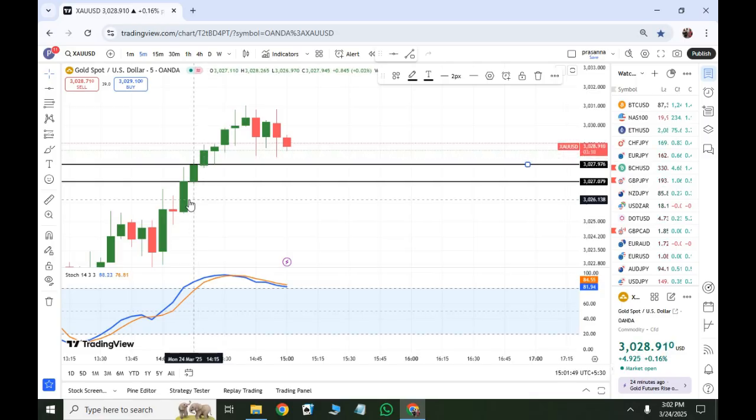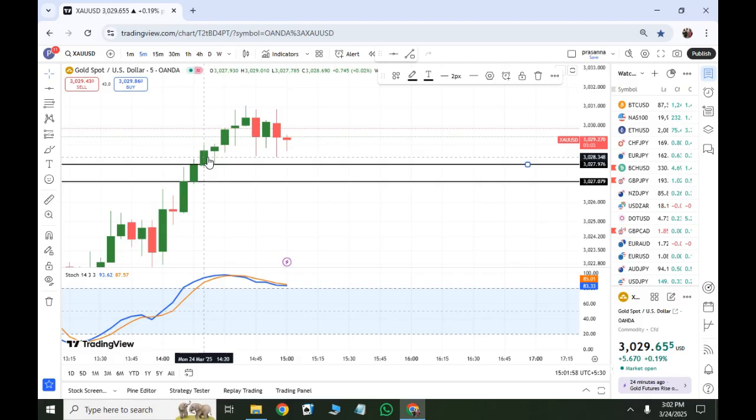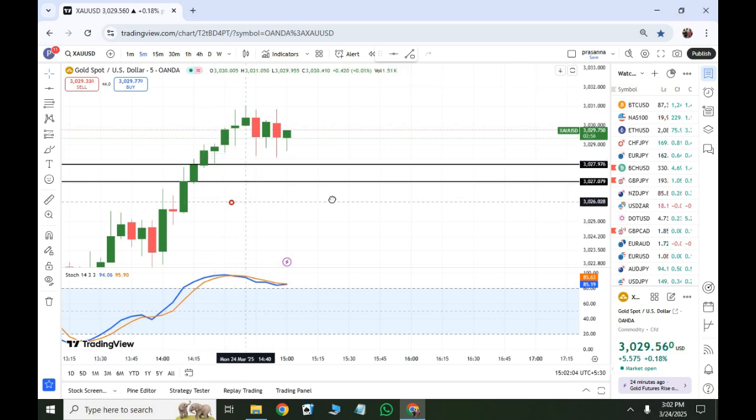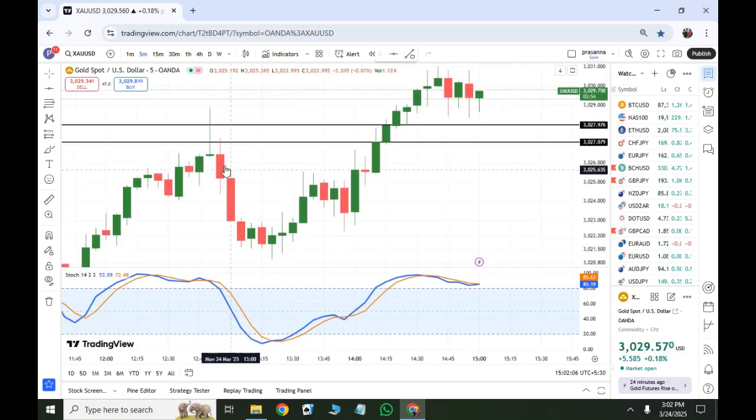I check that the close value is higher than the other close value and the bid value is higher than that. That means three bullish candles, and the same on the sell side, three bearish candles.